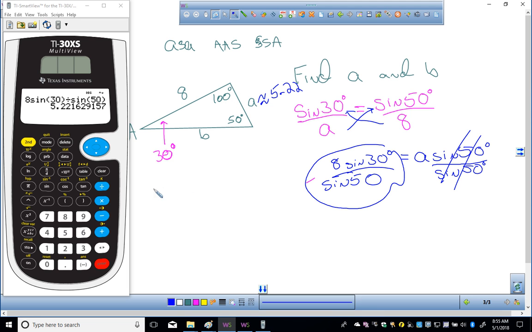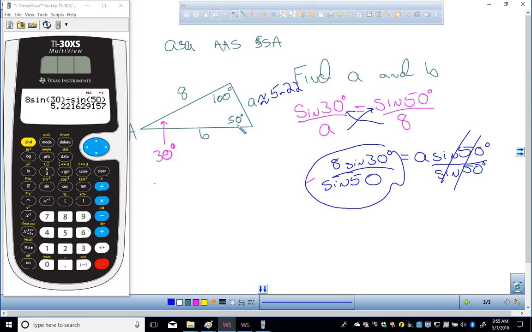Go ahead, Bray. Sine of 100. That will work, but better to use 50 and 8 because these are more exact. This 5.22 is rounded off, so it's better to use the exact one. That'll work, but your answer will be a little bit off.